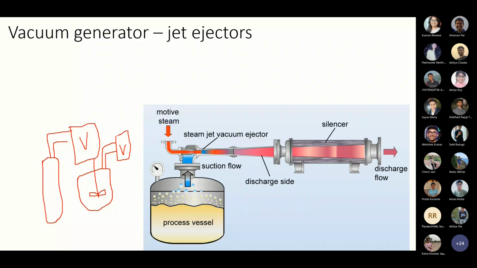That is where, whenever you want to generate a very high vacuum, like 10 or 20 millimeters of mercury, we use these vacuum generators called jet ejectors.